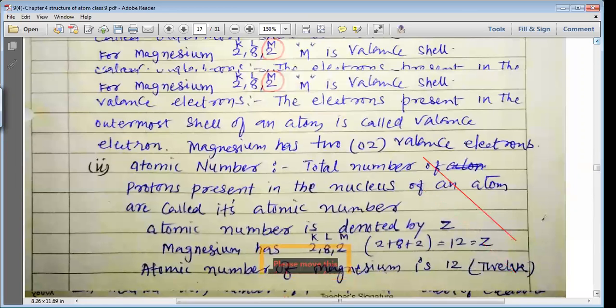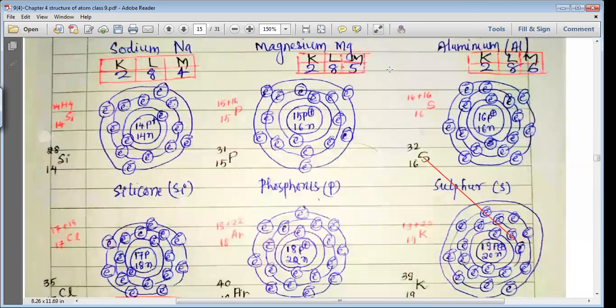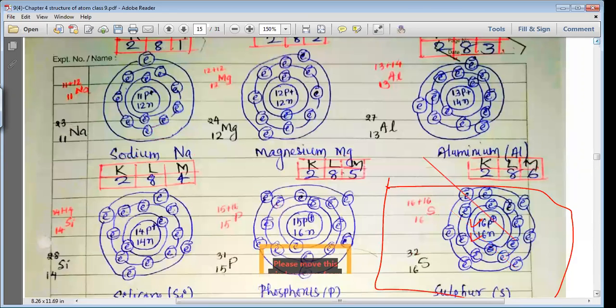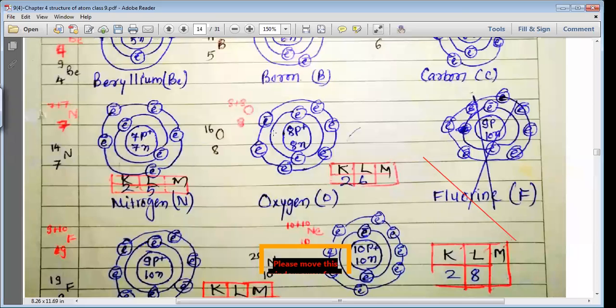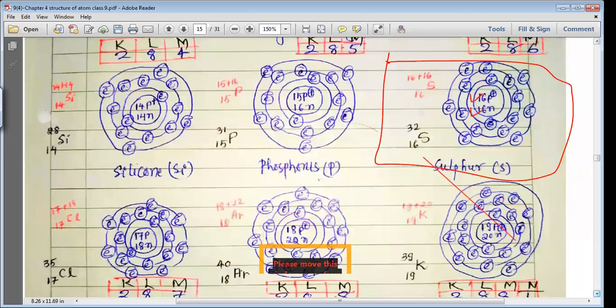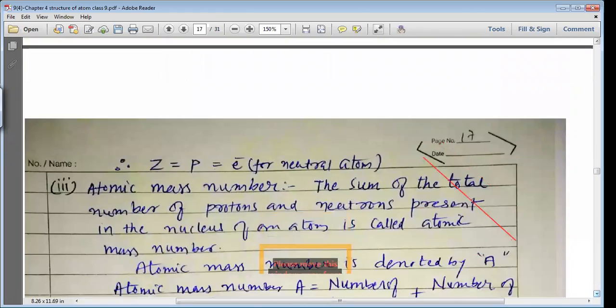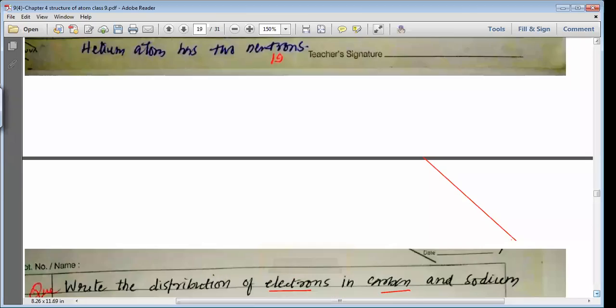You can see the picture of sulfur once again, and in sulfur we have 16 protons and 16 neutrons. In the same way, if you look at oxygen, we have 8 protons and 8 neutrons. In these pictures, I have explained everything about these atoms, and from that we can answer these various questions if they are asked. It is better if you learn those pictures very well.